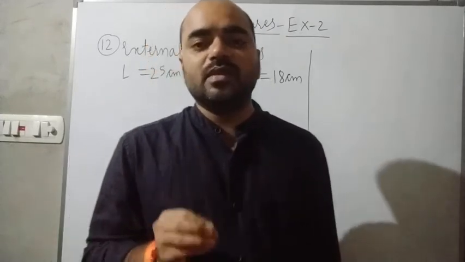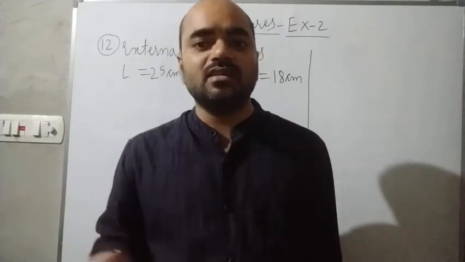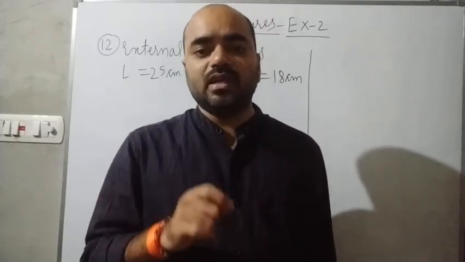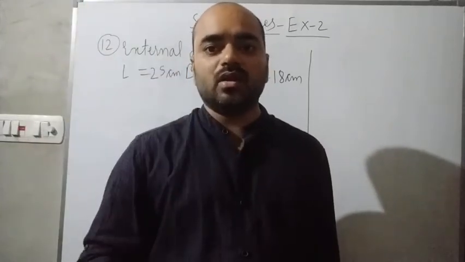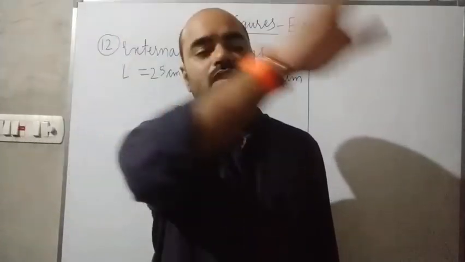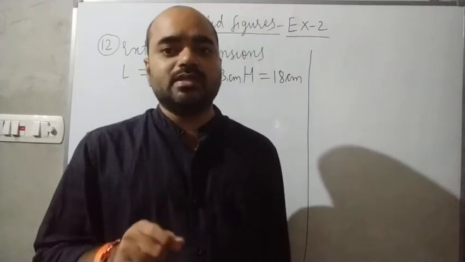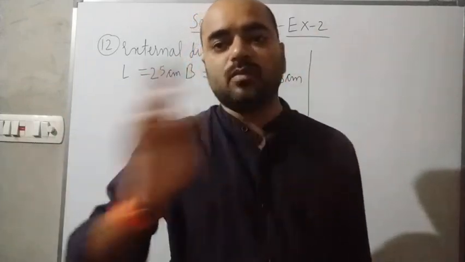See, width of the material means material is present inside the faces, inside the wall, not inside the room. Material throughout is present in the faces, in the ceiling, in the bottom floor, in the walls, and inside it is empty.